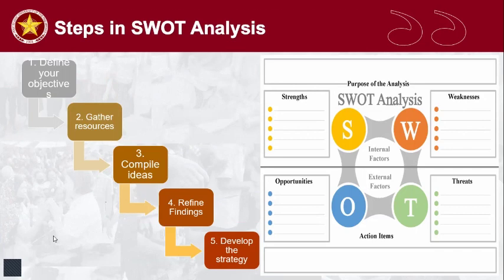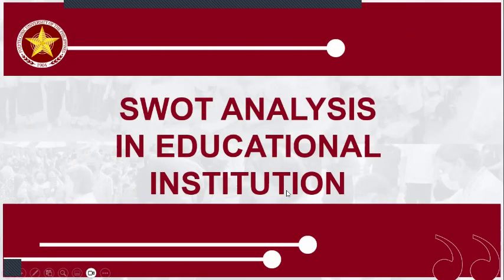We remember that strengths and weaknesses are the internal factors, while the opportunities and threats are the external factors. Now we will have a more detailed example through SWOT analysis in educational institutions.